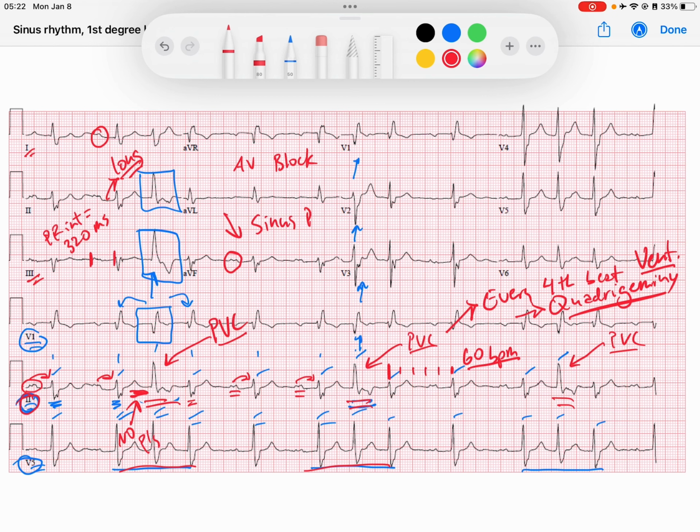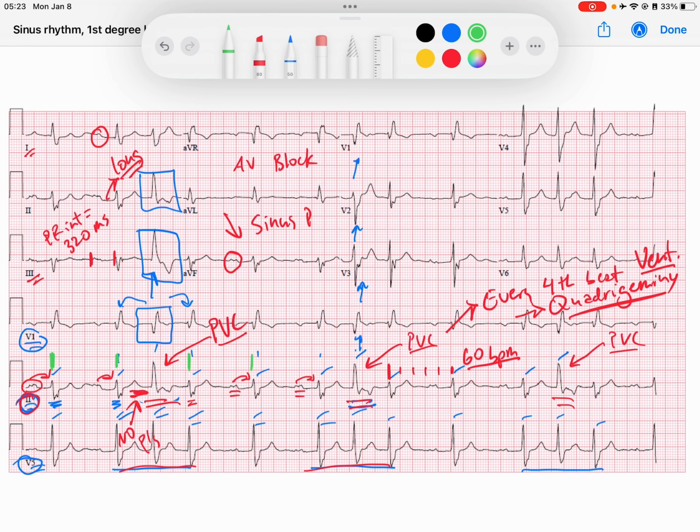What I want you to notice is, if I go back down to my lead 2 rhythm strip, we've got this rate that's 60 beats per minute of our normal QRSs. And if you notice, this next normal QRS lands right on time, and they keep landing on time perfectly as they march down.